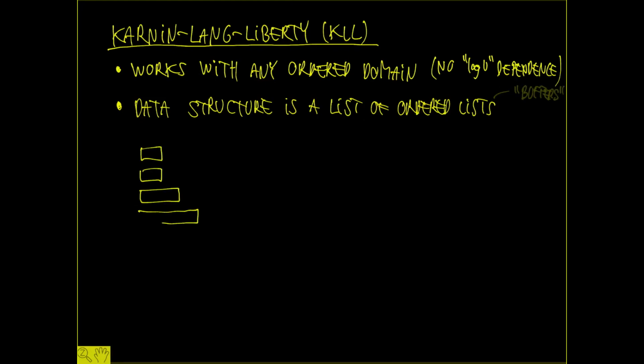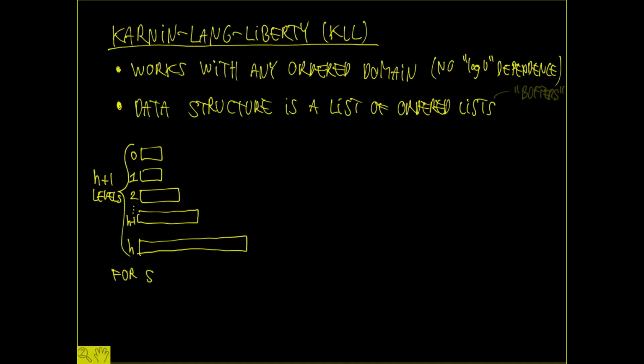The sizes of these lists are geometrically growing, and we have a total of h plus 1 levels numbered from 0 to h, and each level is a factor of 1 over c bigger than the previous one, where c is a parameter between 1/2 and 1.